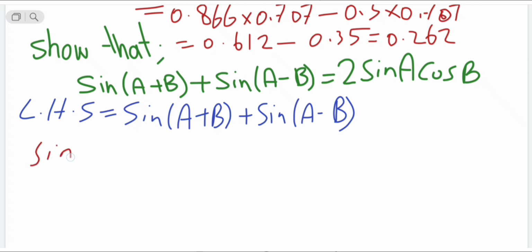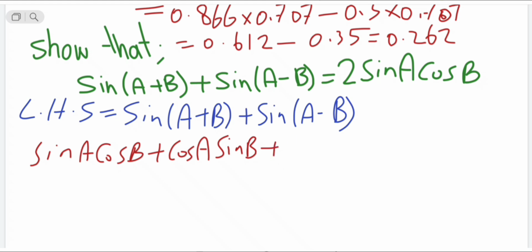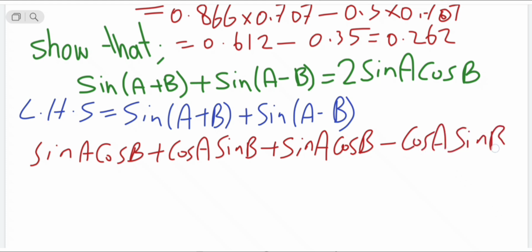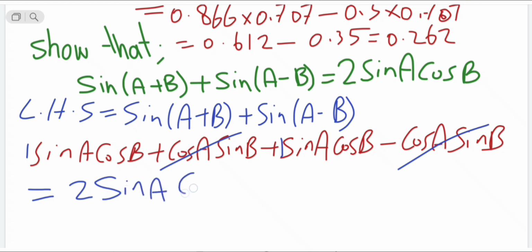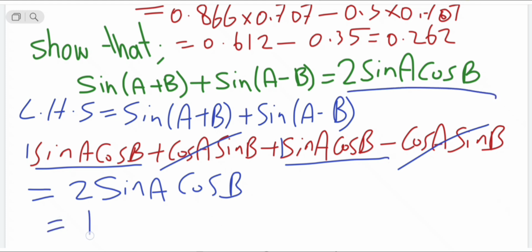Sin A cos B plus cos A sin B, plus, again here, sin A cos B minus cos A sin B. So this is negative, this is positive, cancelled. So this is 1, this is also 1, 1 plus 1 equals 2 sin A cos B, which is equal to the right hand side.